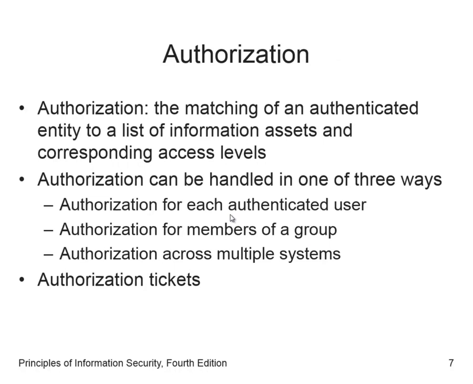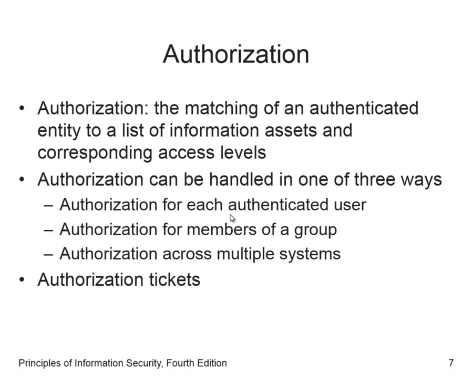Matching the authenticated entity to a list of information assets and providing them with the corresponding access level is called authorization. So you are authorizing that entity to access the information needed, or the directories of a certain type with certain authority.